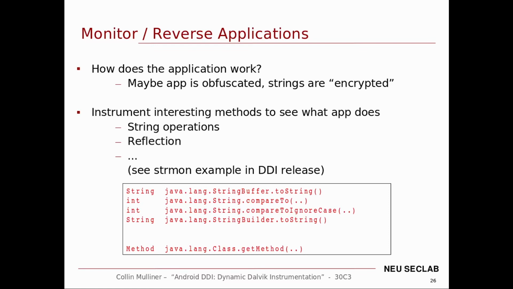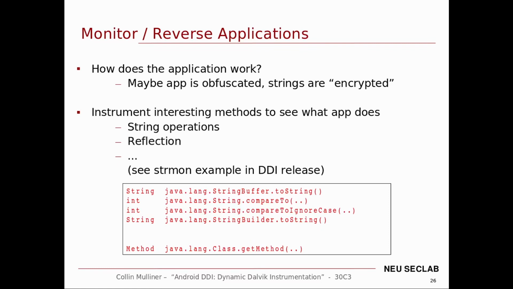So I created a small demo library called String Monitor, where I hook into various string classes, like string buffer and toString. Comparison functions are always interesting because applications might use them for control flow changing operations.